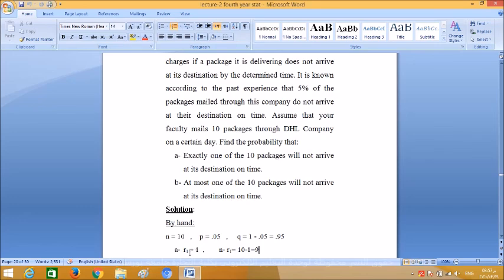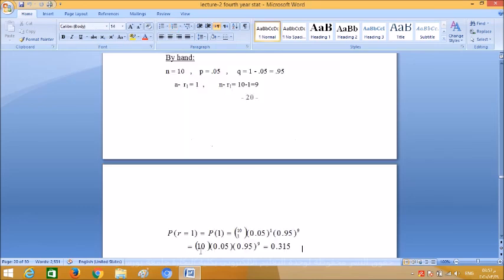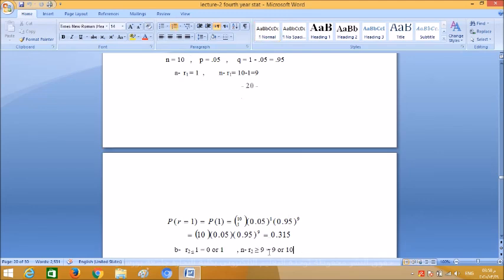Number A, when R equal 1, then N minus R equal 9. So P of 1 equal 10C1 multiplied by 5% power 1, 95% power 9. The result is 0.315.